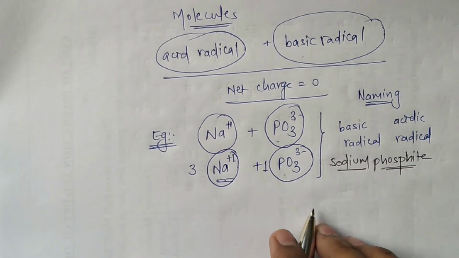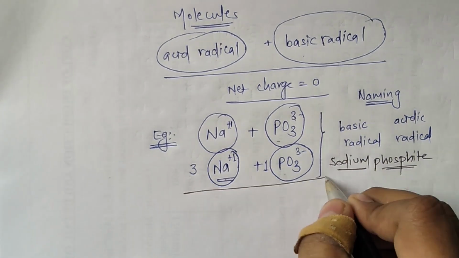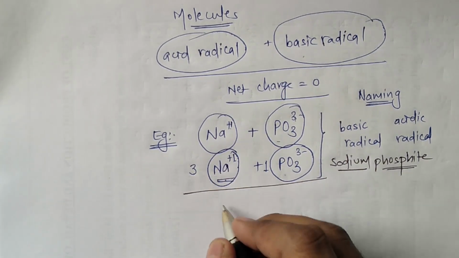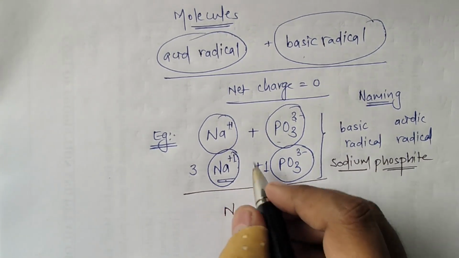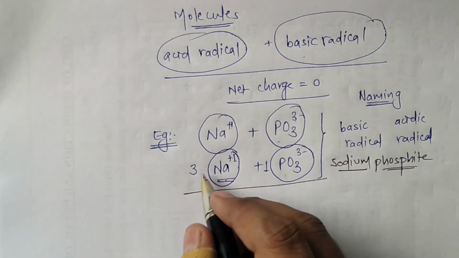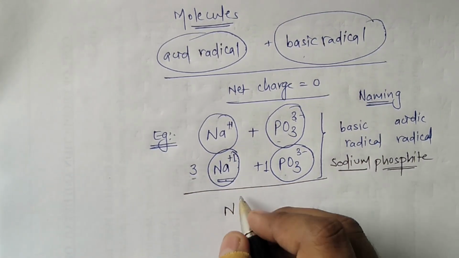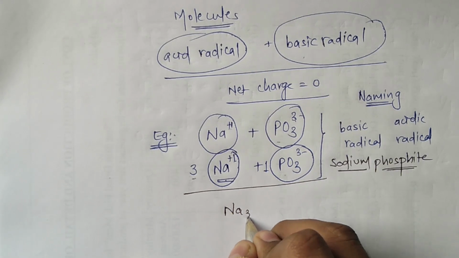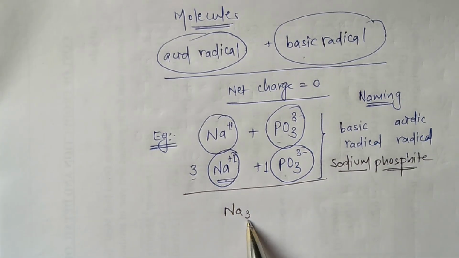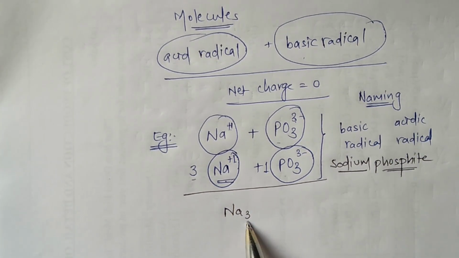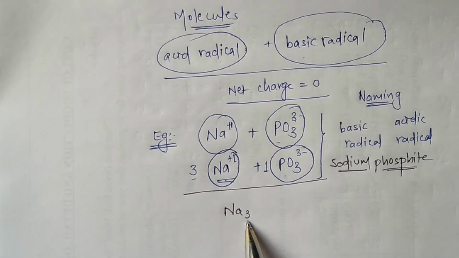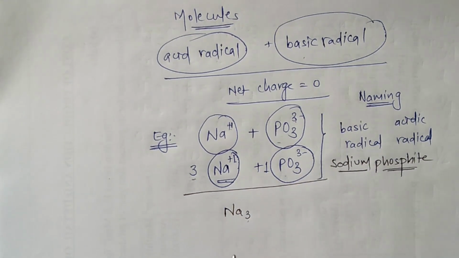And how do I make the molecular formula of this compound? This is a crisscross method. How many Na atoms do I need? 3. So it will be written as Na3. Always remember, number of atoms is written in the subscript and charge of the atom is written in the superscript.